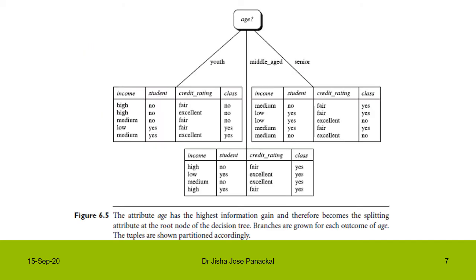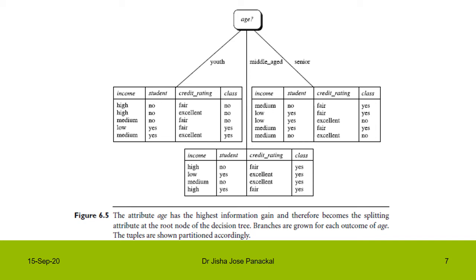So this is the pictorial or diagrammatic representation of the splitting attribute, and we are choosing this age attribute as the root, and we have different categories like this.